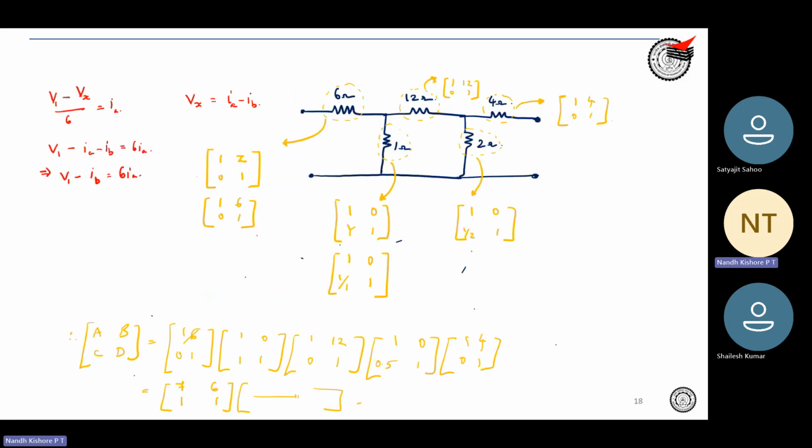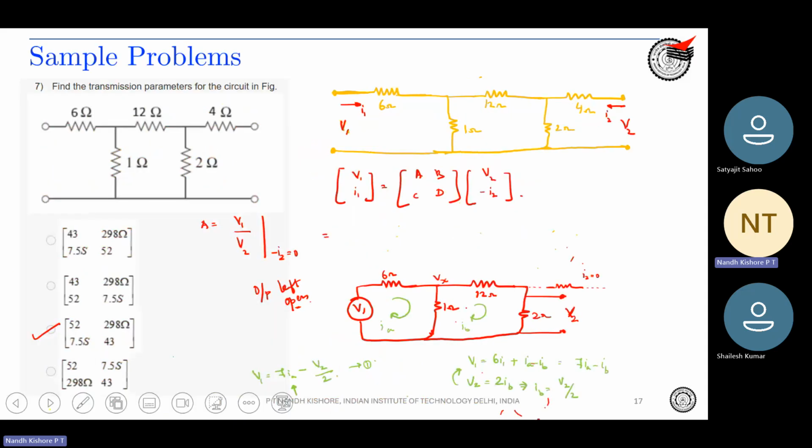So the better option would be to actually break this entire thing up into individual impedances. So write the matrices for the individual impedances. Okay. So series branch would be 1 Z 0 1 and shunt branch would be 1 0 Y 1. If it is series, it's going to be 1 Z 0 1, and if it's shunt, it's going to be 1 0 Y 1, with Y the admittance.